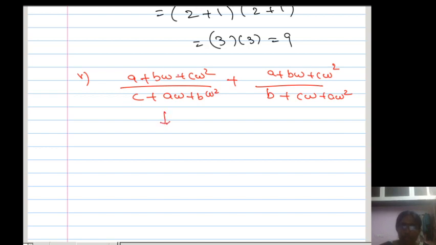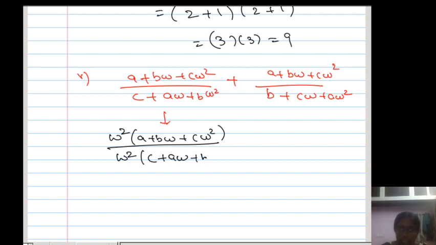First, I want to simplify this by multiplying and dividing by ω². So if I multiply and divide by ω², the first term is (a + bω + cω²) multiplied and divided, and in the denominator, ω²(c + aω + bω²). Similarly, here also multiply and divide by ω². What I am doing here, let us see.